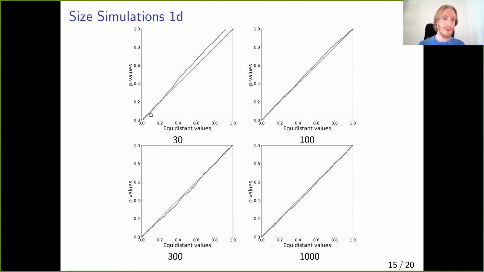already quite well for small p-values at n equal to 30. And small p-values is really the region we are interested in for the test, okay, for hypothesis testing. And we see, of course, for larger n, this even holds for all the p-values very nicely.